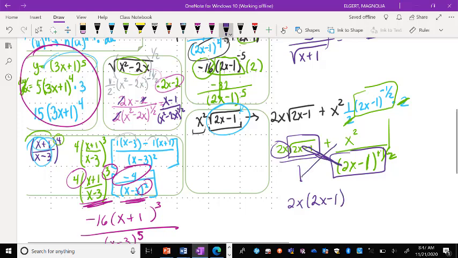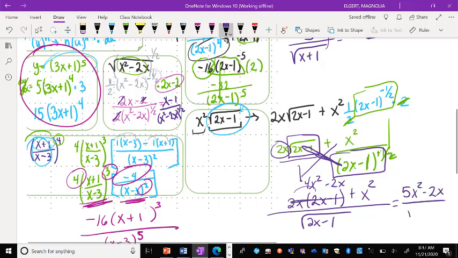When I multiply this diagonal, I get plus x squared all over the square root of 2x minus 1. And then I can simplify that again. This gives me 4x squared minus 2x right there. So then 4x squared plus x squared, so I get 5x squared minus 2x all over the square root of 2x minus 1.